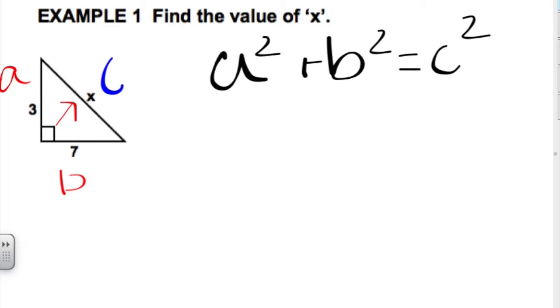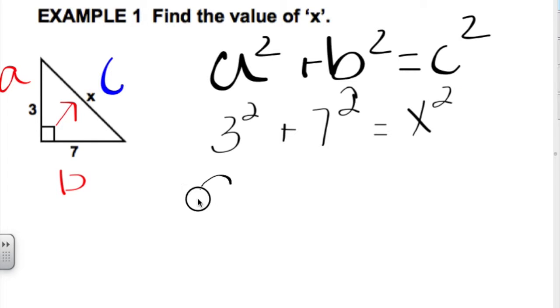So now I'm going to start plugging those values in to our formula. Since we said our side A is over here, we have 3 squared plus our B value is 7, then we square it. Then C is x, and that's what we're trying to solve for, and we square it. So now I'm going to just work out this equation.